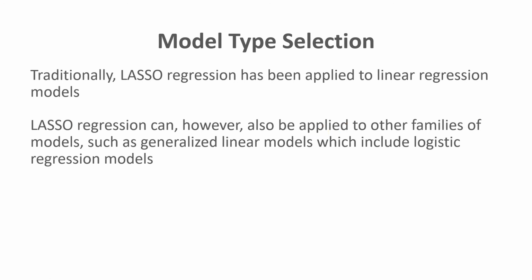Lasso regression was originally developed to be used with linear models, meaning that we would use it with a continuous outcome variable. However, it's had a number of extensions in recent years, meaning that it can be applied to other families of models, such as generalized linear models as well. Generalized linear models are the home of logistic regression.